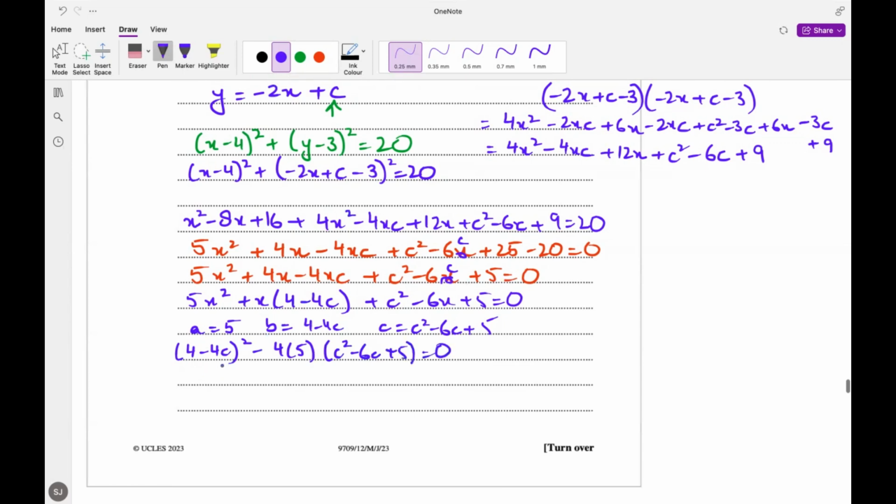Expanding (4 - 4c) whole squared, we'll get 16 minus 4 times 4 is 16, times 2 will become 32c, plus 16c squared. Multiplying 4 by 5 will get 20. 20 times c squared will be 20c squared. 20 times 6 will be a plus 120c, and minus 20 into plus 5 will be a minus 100, which will become equals 0.